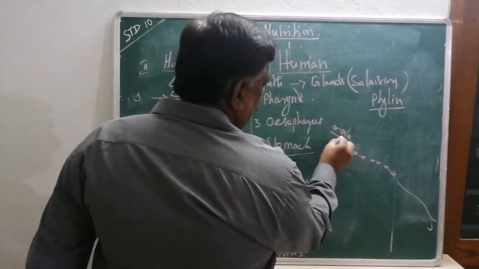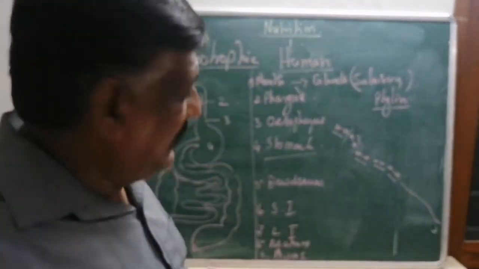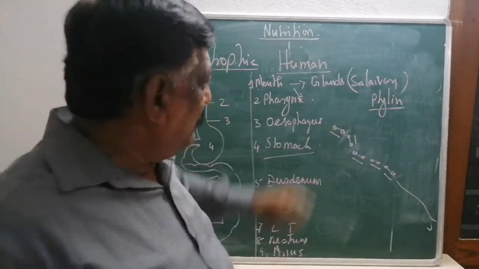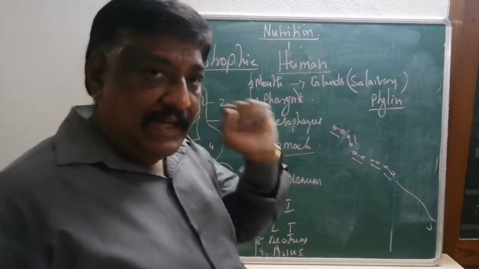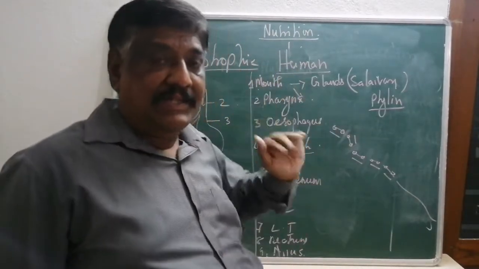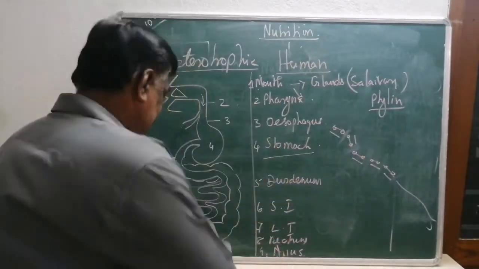Now this is a disaccharide. The food is not digested fully. When it is broken down here, then it is complete digestion. Now the process of digestion started in the mouth. So where digestion first starts is in the mouth, that is, carbohydrate digestion starts in the mouth, and the polysaccharide is divided into disaccharides like this.